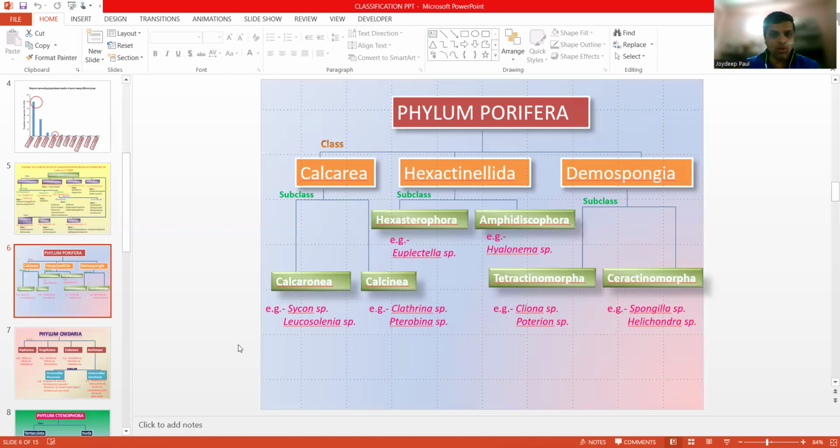Sponges, which is the common name for all the poriferans, are mostly stuck to the base of the seawater, so there is no particular movement, and the ancient naturalists and philosophers misinterpreted that poriferans are like plants because they are not moving. But much later, during 1975, the canal system in sponges was discovered, and then the animal nature of sponges was established.